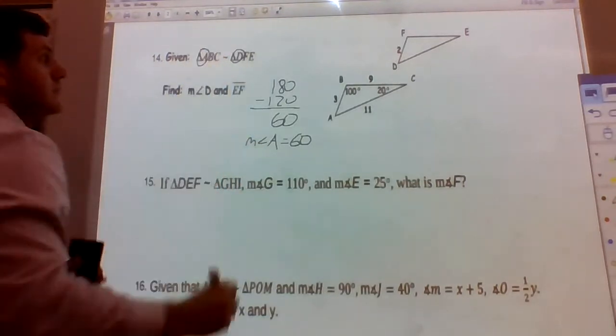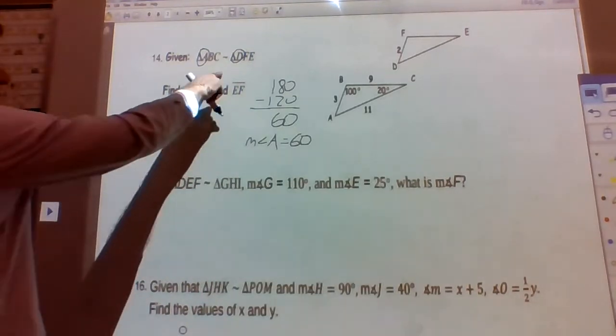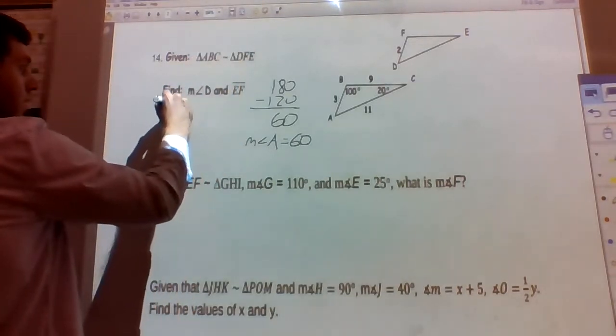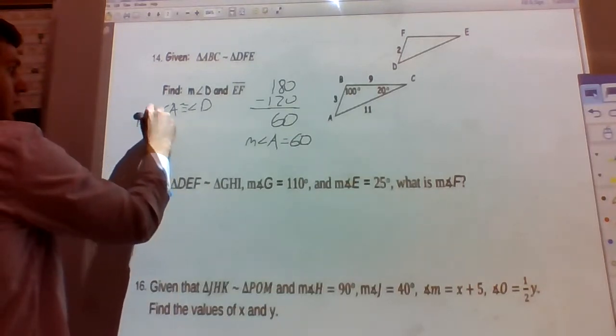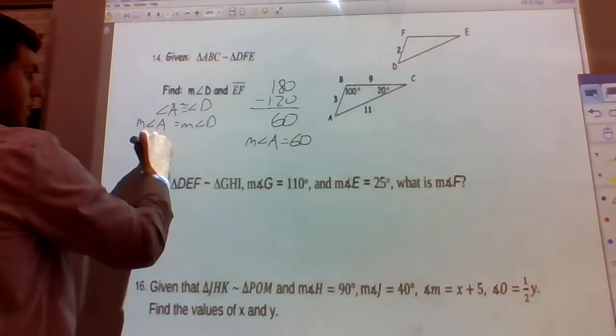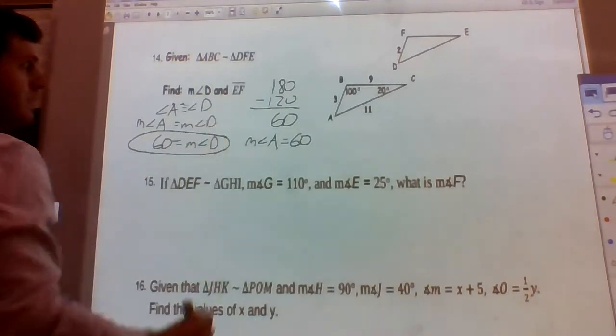A and D are corresponding angles, and in similar triangles, corresponding angles are congruent. So angle A is congruent to angle D, and the measure of angle A equals the measure of angle D. We said the measure of angle A was 60, so we substitute that in, and the measure of angle D is 60.